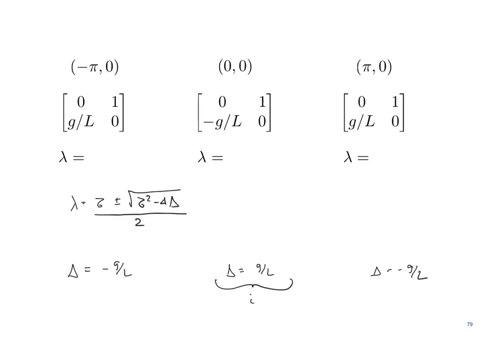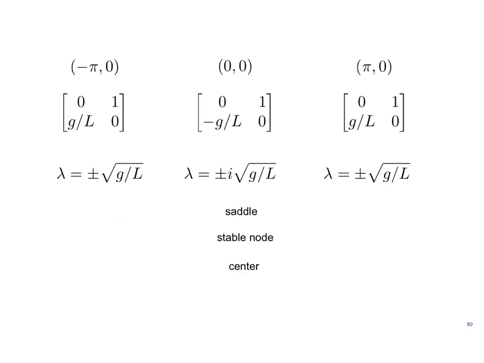So we can just obtain the eigenvalues. We have two eigenvalues for each Jacobian. So the question: for a lambda that is pure imaginary, do we have a saddle, a stable node, or a center? Think.